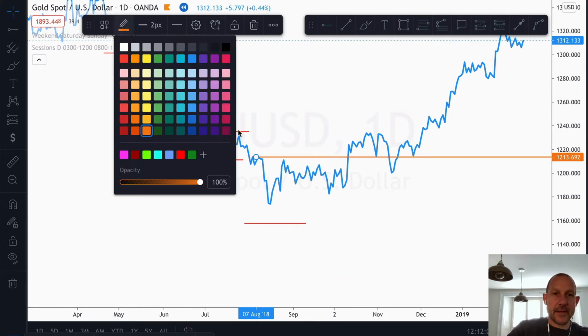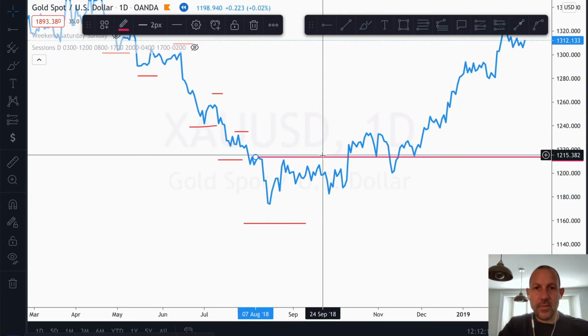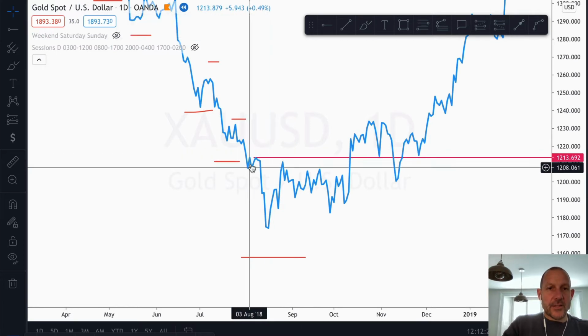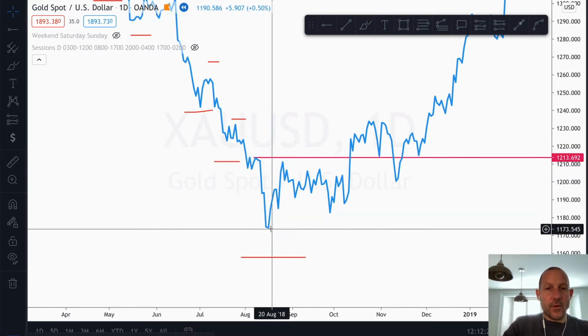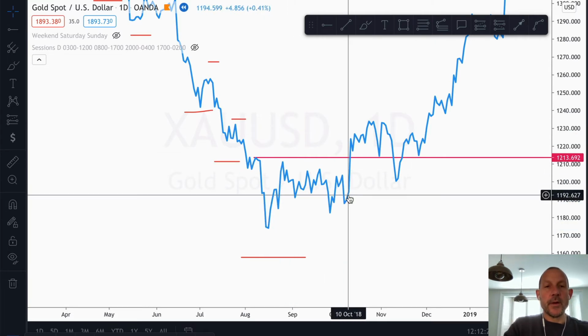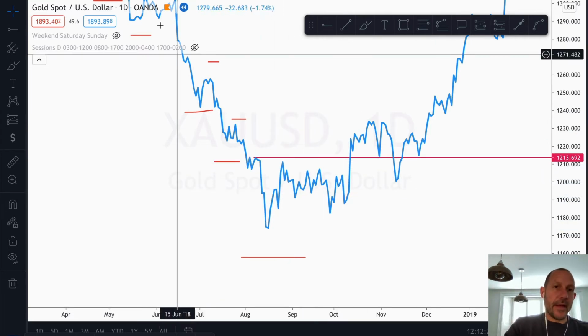Now let's make this something that you can see nice and easily, a different color to what we've got there. So let's change it to that, okay? So this is our last swing high before our lowest low here. So basically you put a line there.